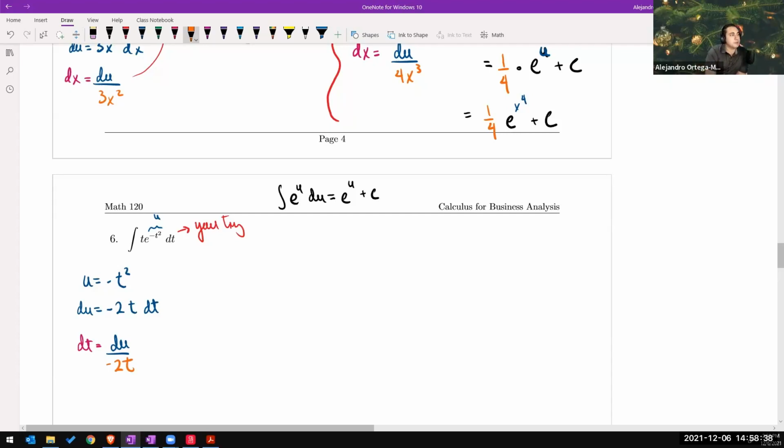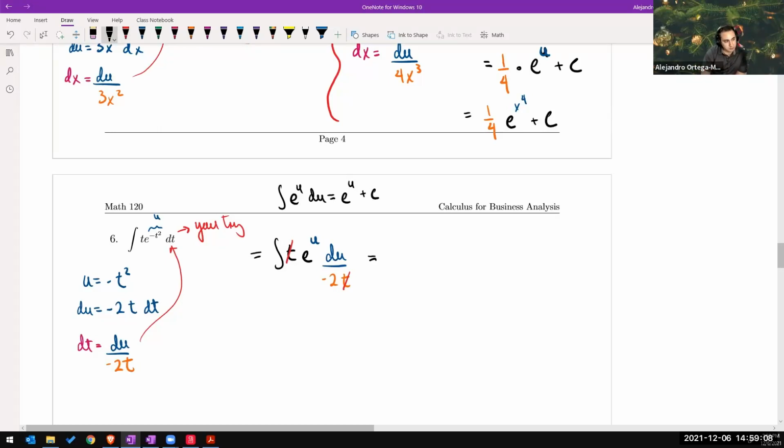So let's substitute. We're going to get the integral of t e to the u times dt. So if we substitute that, we'll get du over negative 2t. Cancel, cancel. Great. I only have u's, no t's.